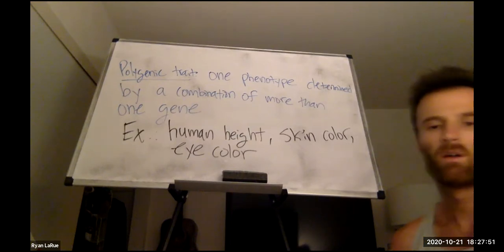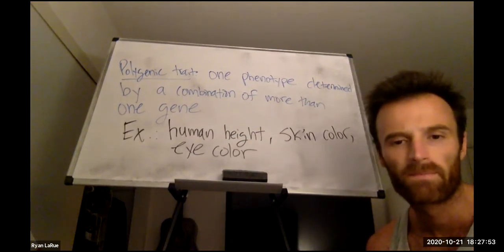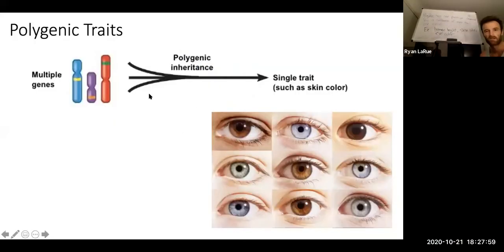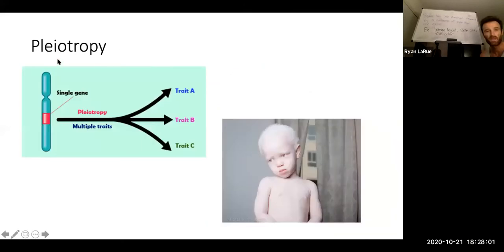Okay. So the next thing is the opposite of this. It's called pleiotropy. Pleiotropy is the opposite. It's when one gene determines multiple traits, multiple phenotypes. Okay, so we're going to write that down.